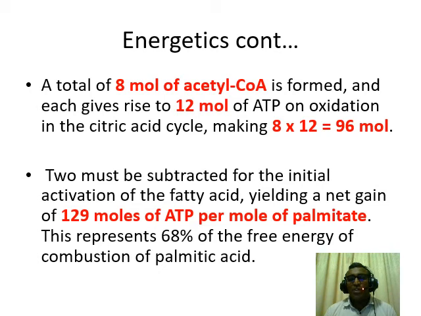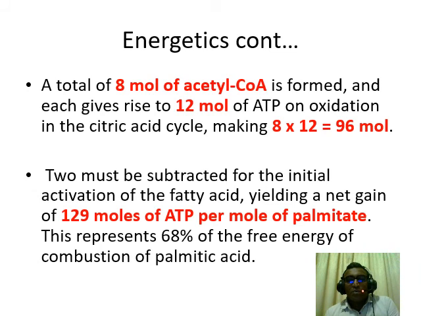When you put these numbers into the electron transport chain, it will be 12 ATP in total. So now you have 8 acetyl coenzyme A going into the citric acid cycle. What you get is 8 multiplied by 12. Therefore, it is a total of 96 ATP.